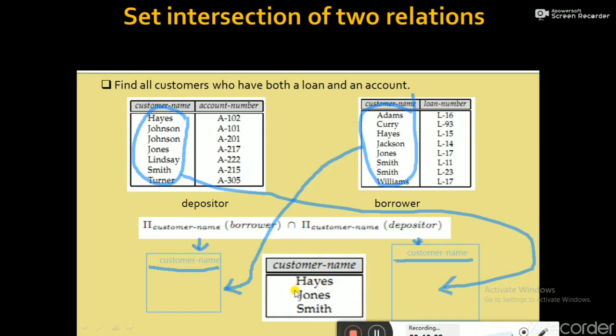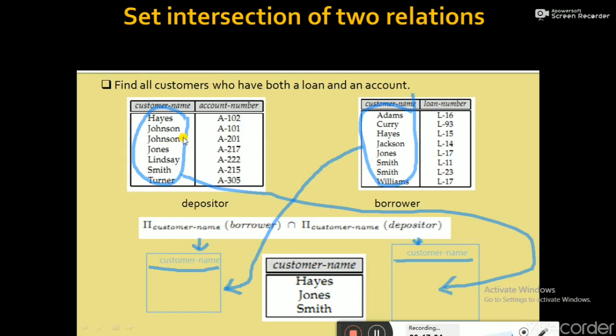Set intersection means it will contain the information which is present in both the relations, borrower as well as depositor. So just check it. Borrower has Adams, we have to check whether Adams is present in depositor or not. No, so Adams will not be there. Curry is present in borrower, is it present in depositor?